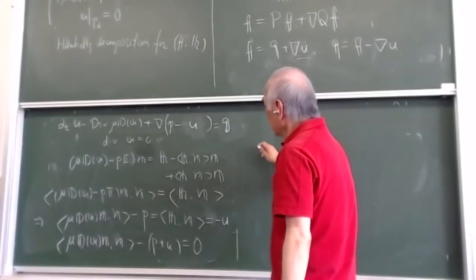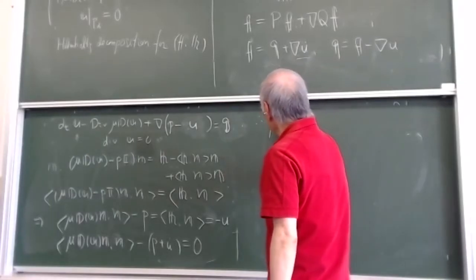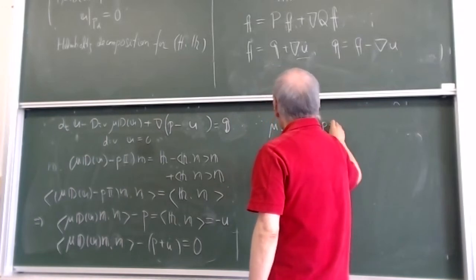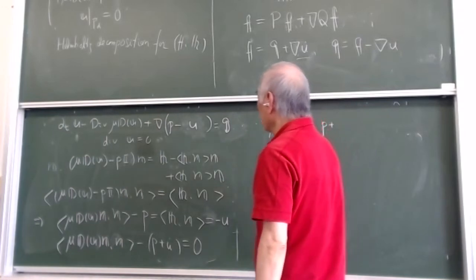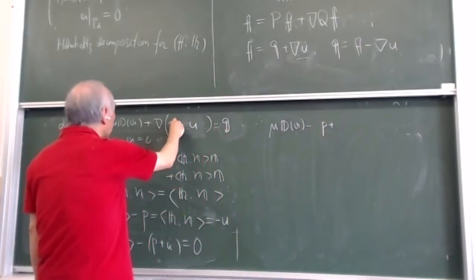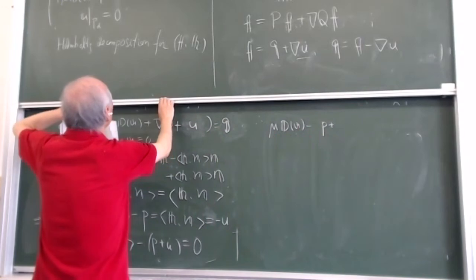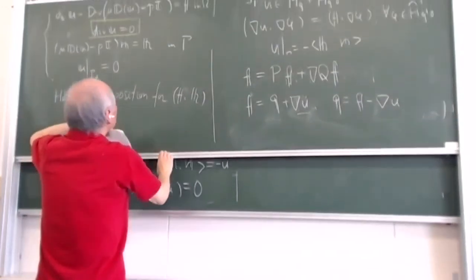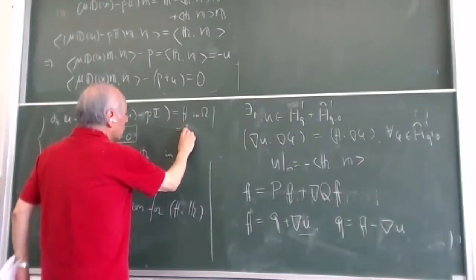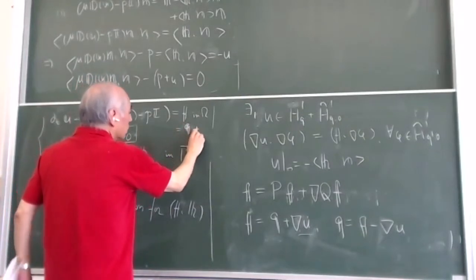So the vector representation is mu du plus p minus u. Sorry, it should be plus, because here f is equal to g plus w.